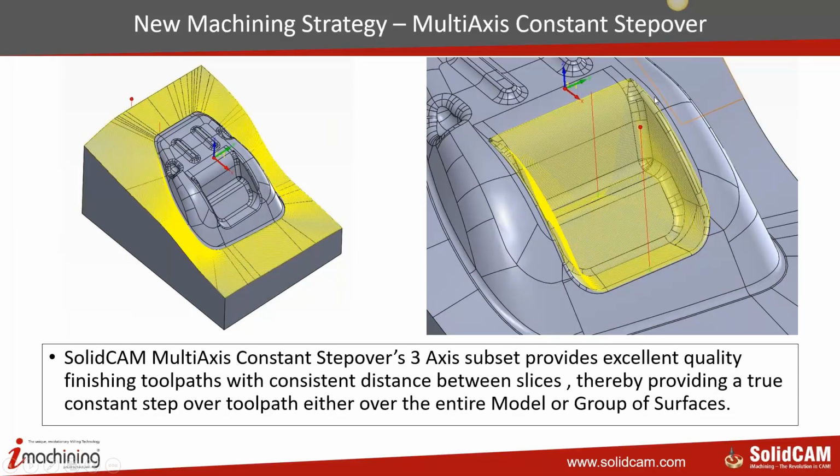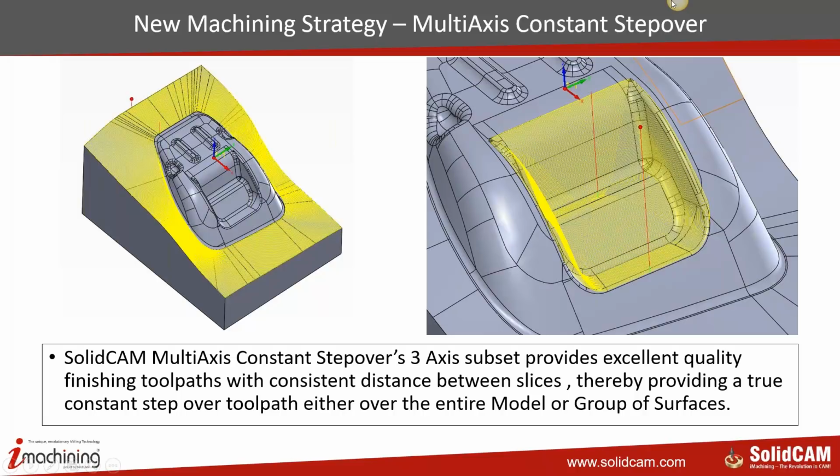What we did was I started checking this toolpath engine on 3-axis parts, simple molds or cavities or parts like that, to check the quality of toolpath that I generate out of this particular engine on 3-axis, and the results were stunning.